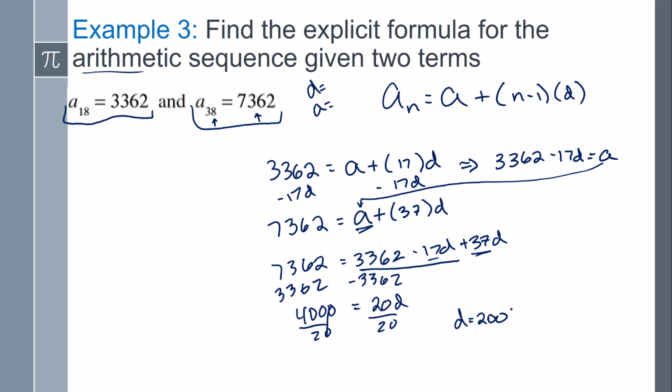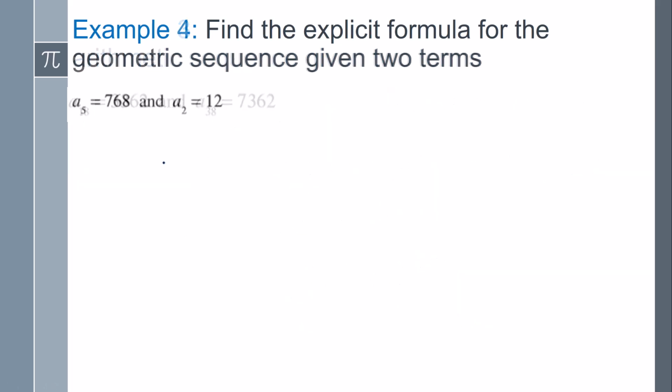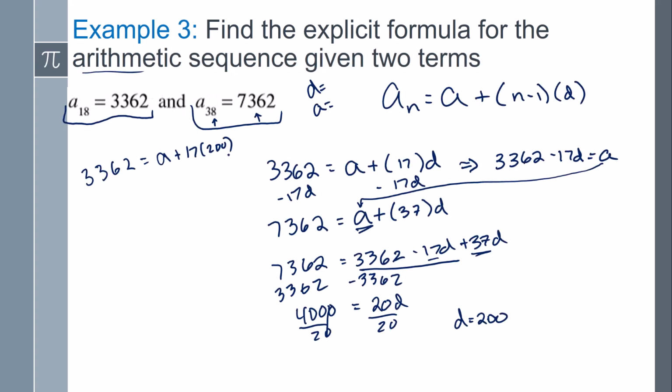So now plugging it back in, I can use this equation here, because now I can find what my a is. And so 17 times 200, so that's going to be a plus 3,400. So subtract 3,400 on both sides.